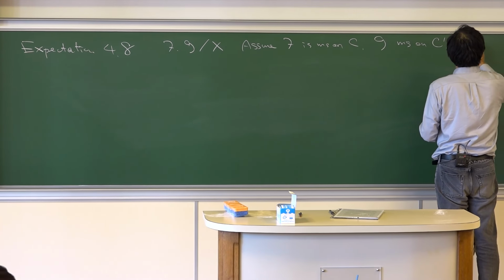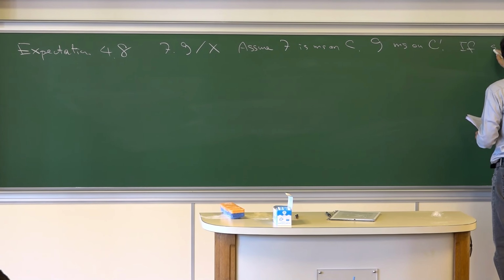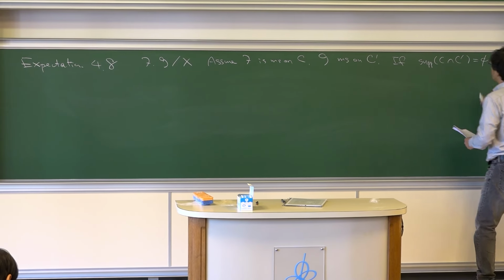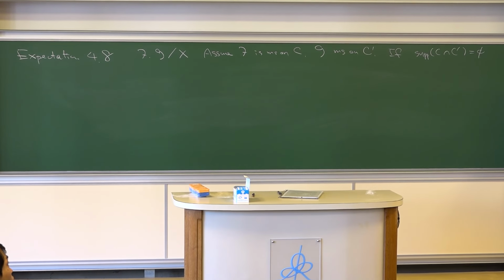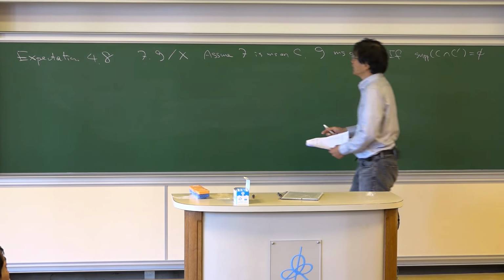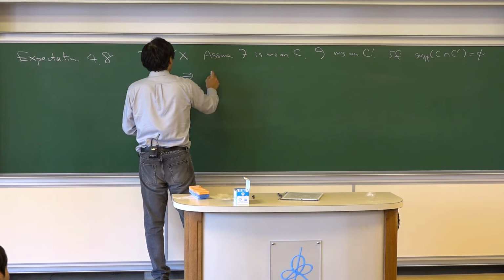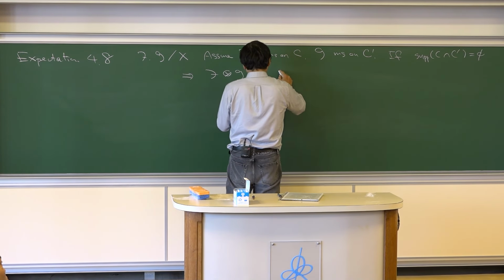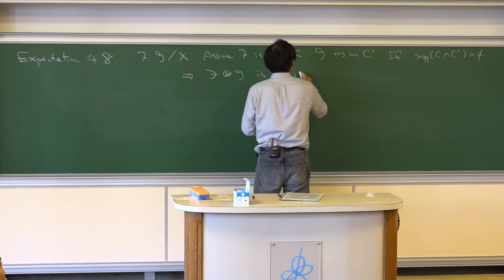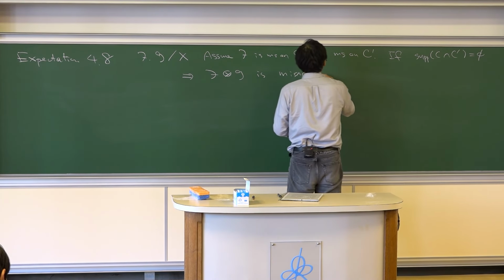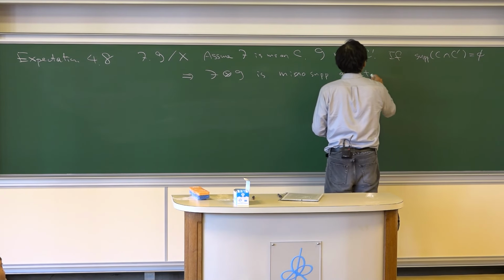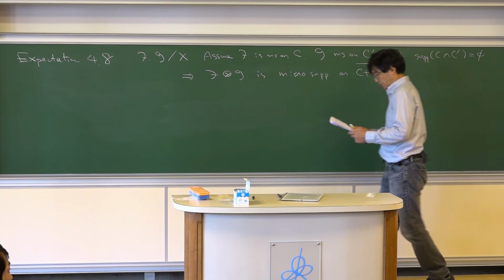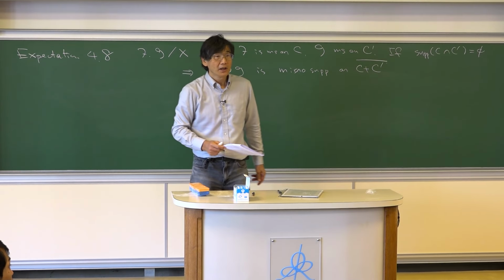And if the support of the intersection is empty, so if they are micro-supported on different directions, then the tensor product is micro-supported on the sum. The sum means the sum of vectors, taking the closure, okay.